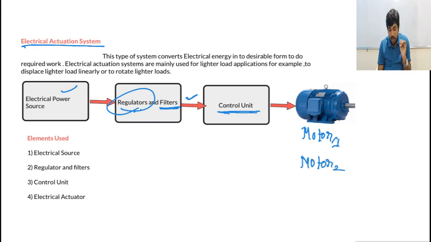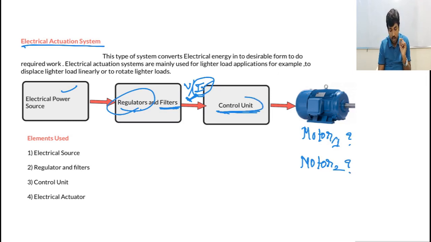The supply at this point is voltage or current, but most probably this should be current. Now the question comes: this current should be supplied to which motor, motor 1 or motor 2?